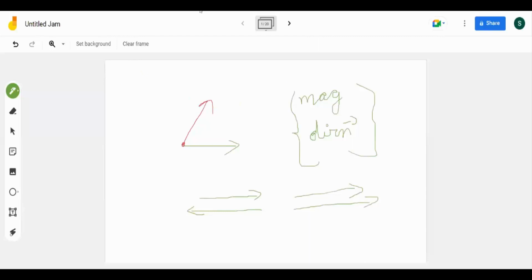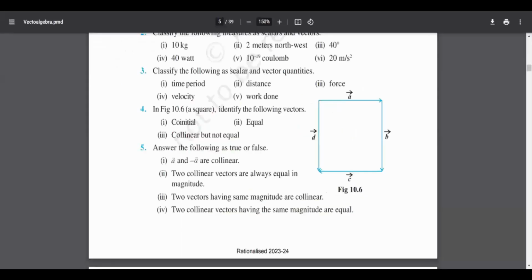Okay. So let us now analyze the following. Co-initial vectors, same starting point. As we can see in this figure, vectors A and D have the same starting point, that is the top left edge of the square. Okay, so vectors A and D have the same initial point, so they are co-initial vectors. Equal vectors have equal magnitude and direction.